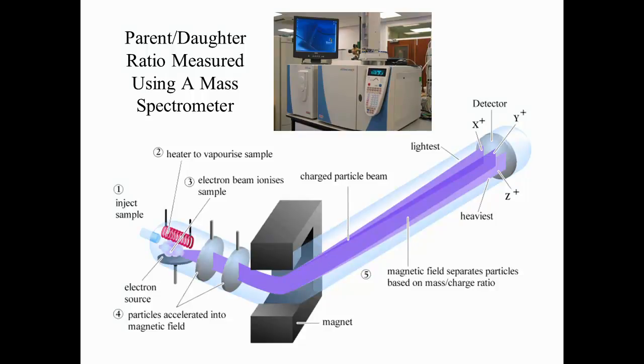Now, we saw that the half-life can be determined in the laboratory, but what about knowing the parent-daughter ratio of the sample? Well, this is determined using an instrument known as a mass spectrometer. What happens is that the sample is prepared in a laboratory, the sample typically being rocks and minerals.